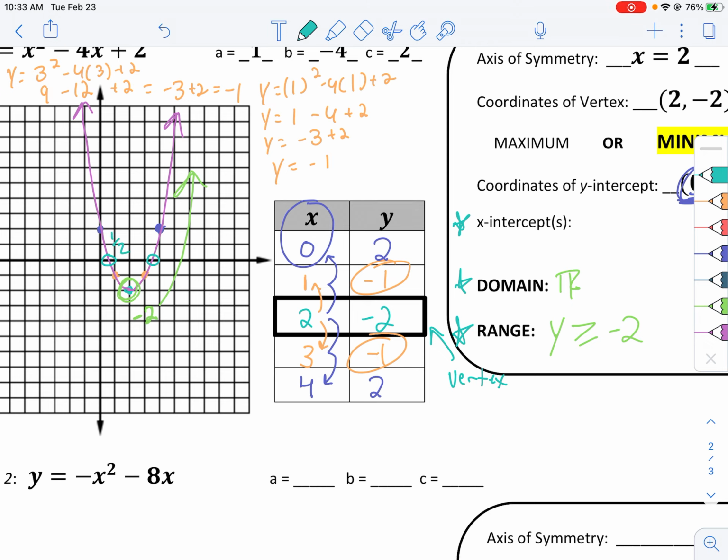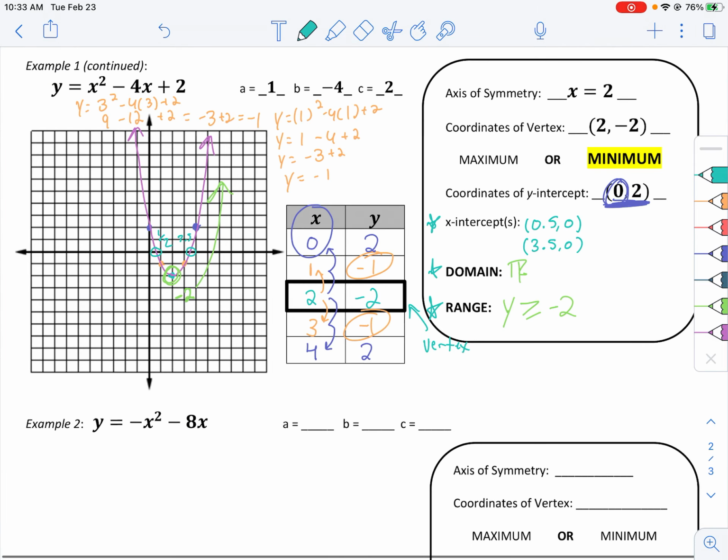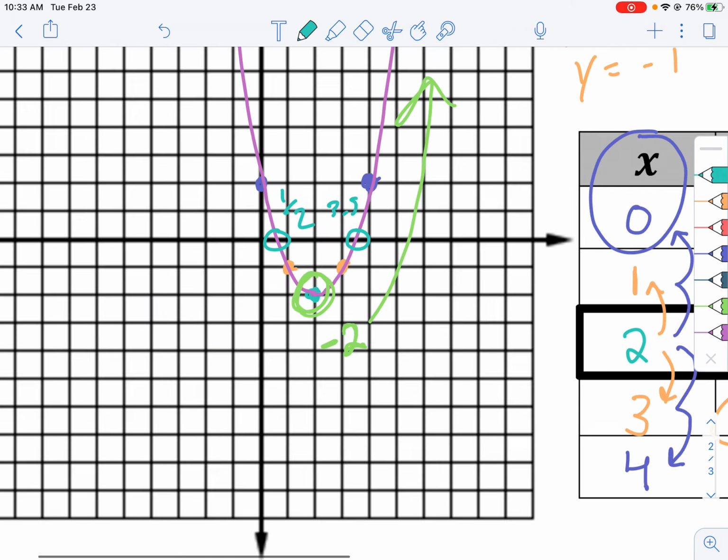This looks like it's 3.5, right? So if we're writing these x-intercepts, we would say it's 1/2 or 0.5, comma 0. The other one we said was 3.5, comma 0. And that's just estimating, right?